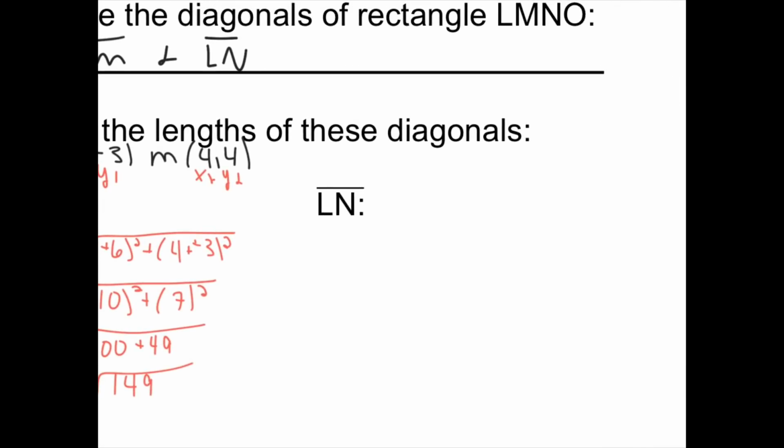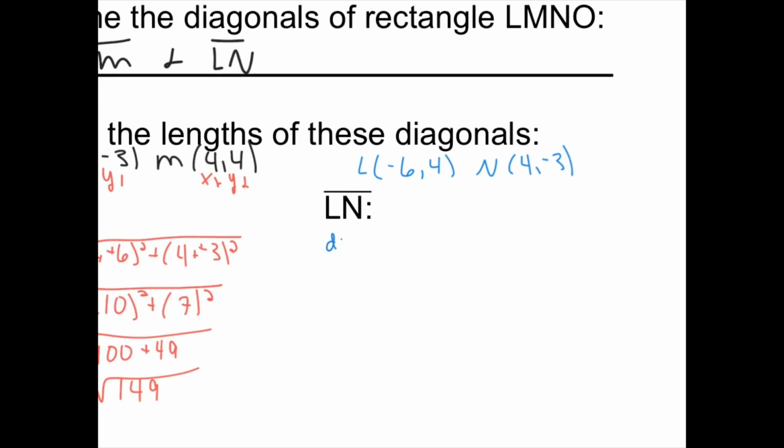It looks like LN. So L looks like -6, 4. And N looks like 4, -3. And make sure you count really well on these on the homework, because if you mess up the points, you're going to miss the problem. So let's see. Distance equals the square root of 4 minus -6 squared, plus -3 minus 4 squared.